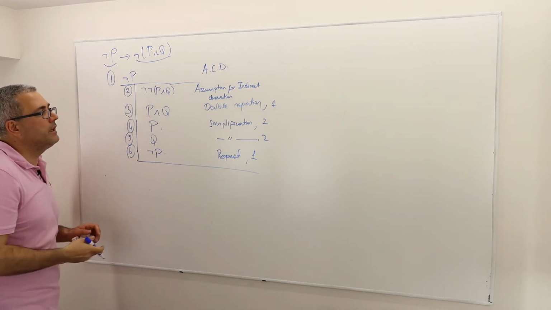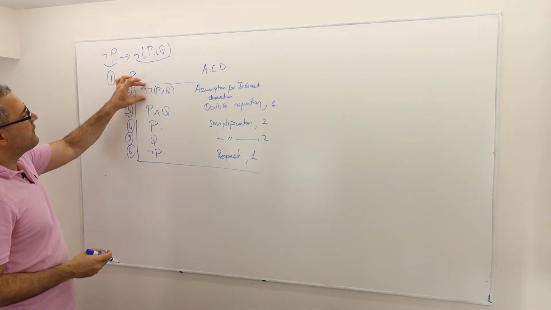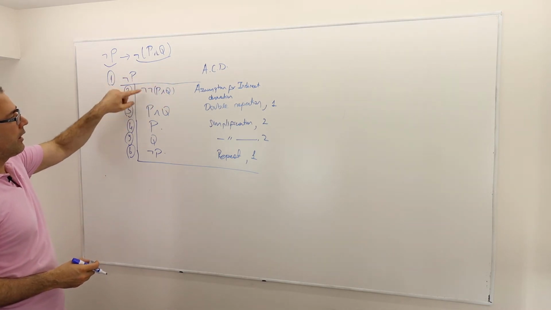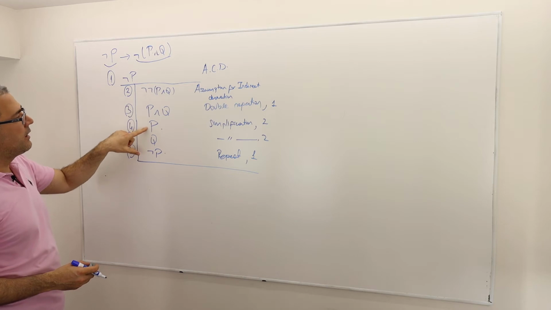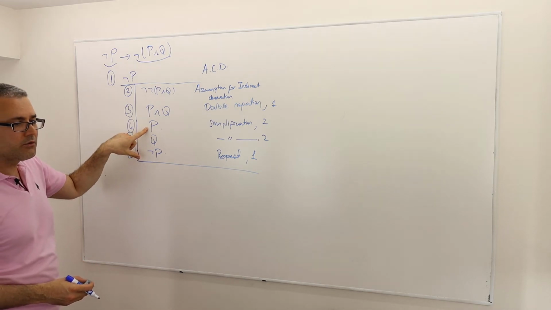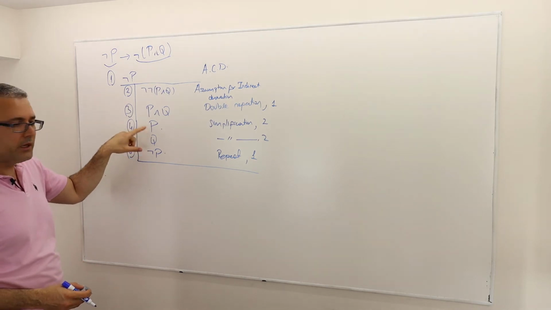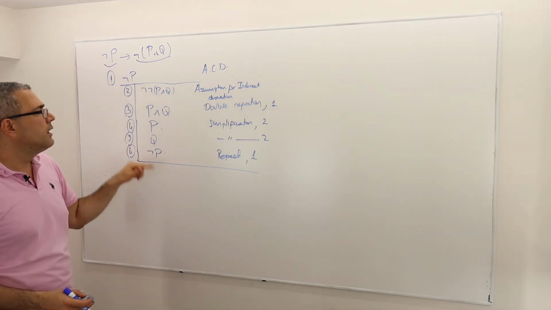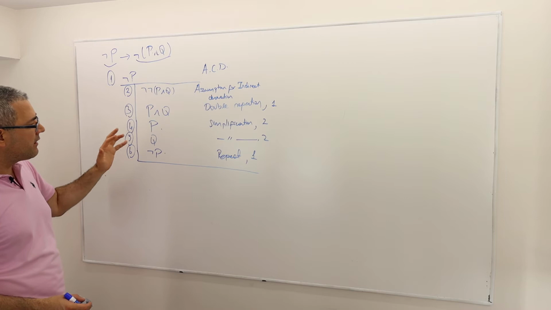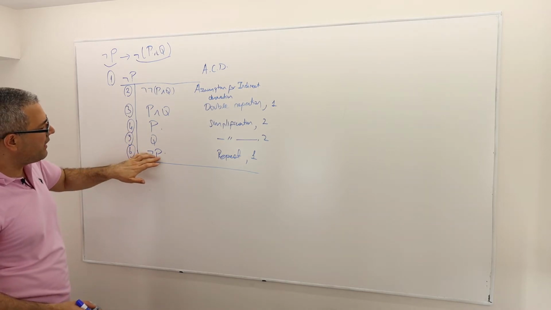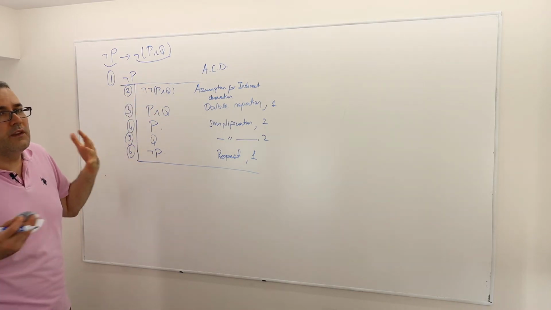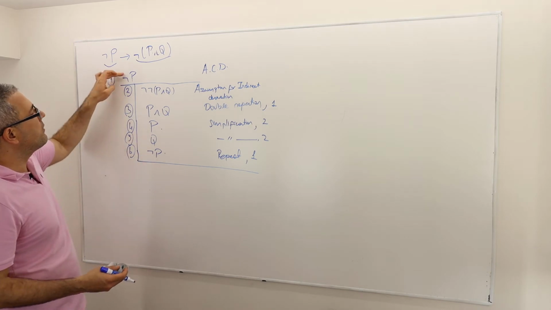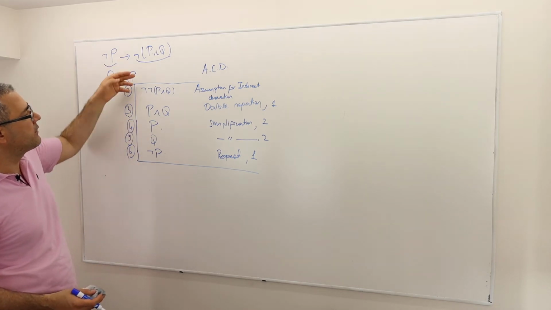What does that mean? Look, if this assumption is true, I reach some sort of crazy situation where a statement and its negation are true at the same time. So where is the mistake? Not P cannot be the cause of this contradiction because not P is coming directly from repeating this argument.